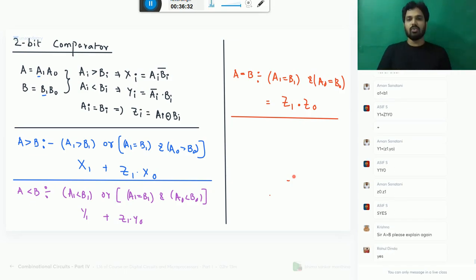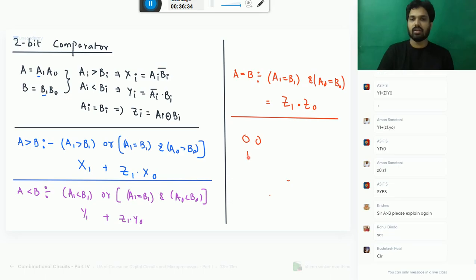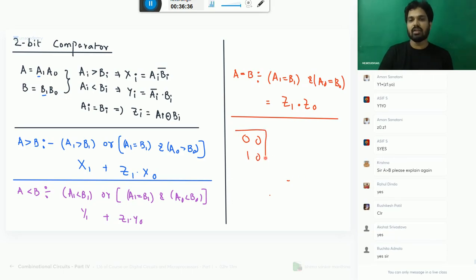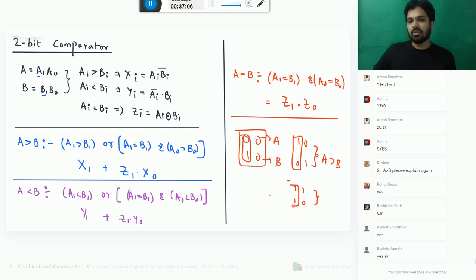Krishna, A greater than B, you have two 2-bit numbers like this. When will you say A greater than B? Tell me. This is your A, this is your B. Just mathematically, forget about everything. Tell me, when will you say A greater than B? First, you should check these two bits. If it is 1 0 and 0 1, blindly 1 is greater than 0, sir, A greater than B. In the second case, they are the same, but this is more.